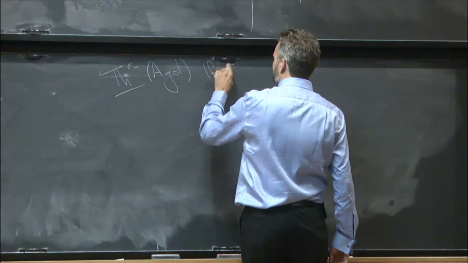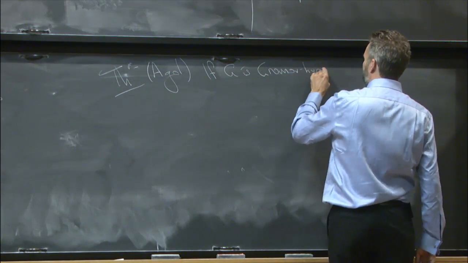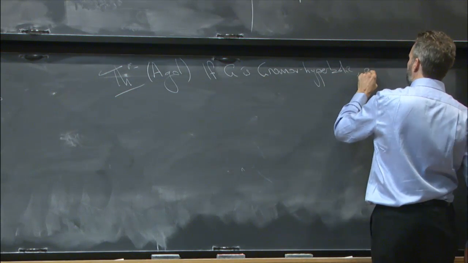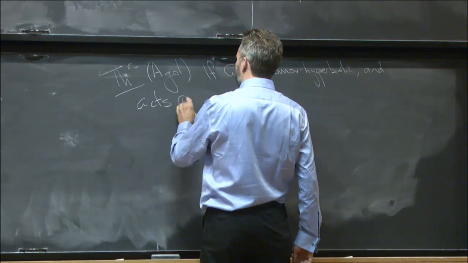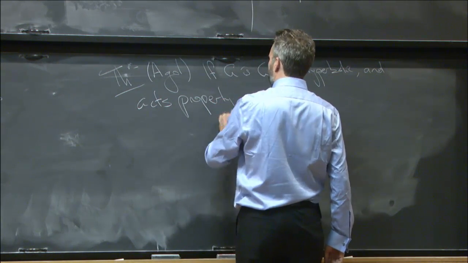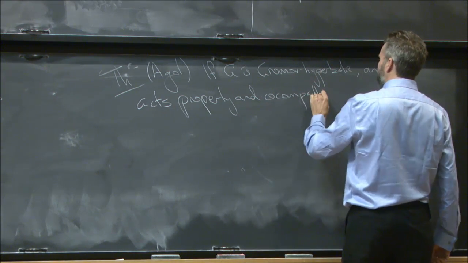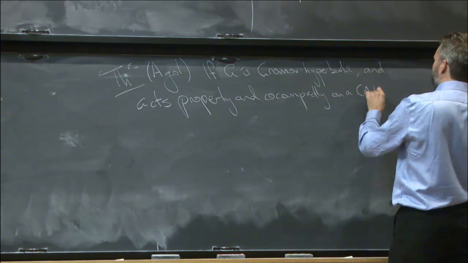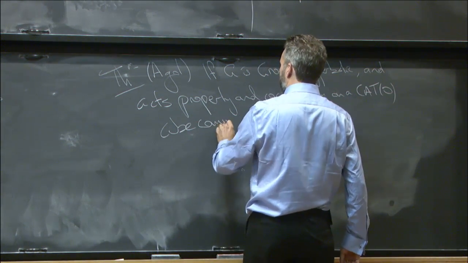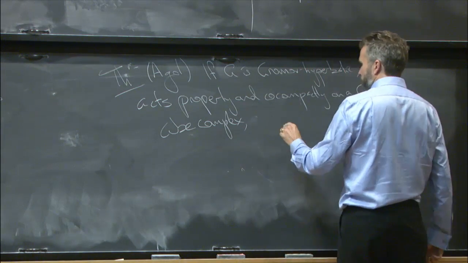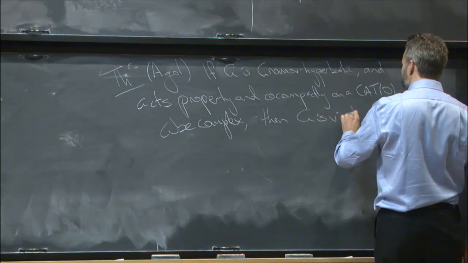If G is Gromov hyperbolic and acts properly and co-compactly on a cat-0 cube complex, then G is virtually special.